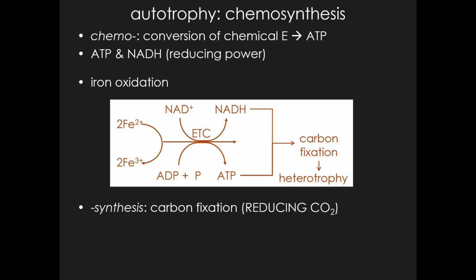Those electrons are donated to the electron transport chain, protons are moved across, ATP is generated. Electrons are not thrown away here, they are used to reduce NAD to NADH. The NADH and the ATP are used to fix carbon, and the fixed carbon moves over to the other portion of the cell where it can be used to fuel heterotrophy.